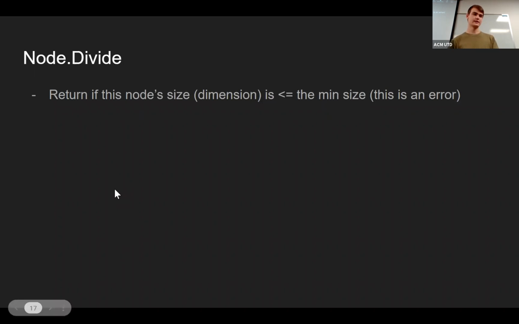But here we'll see the practical limit on that subdivision. So if our node's size is less than the minimum size, the minimum size is something that we will set that's external to the tree. It talks about properties of objects in our world. Then it's an error.